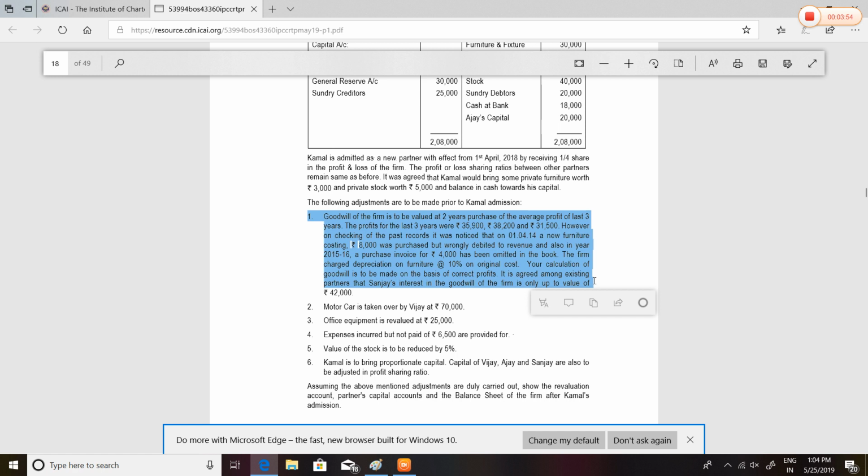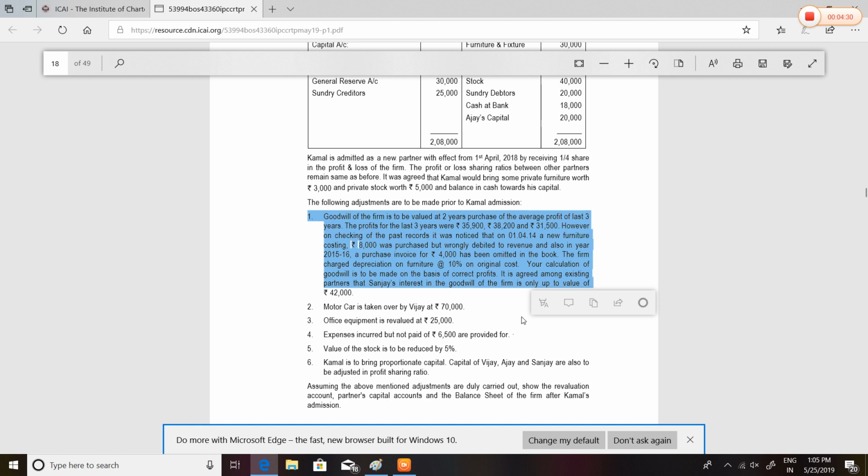Okay, what does it mean? The furniture has been debited to revenue account. That means there was a decrease in the revenue, so we'll increase it. Okay.